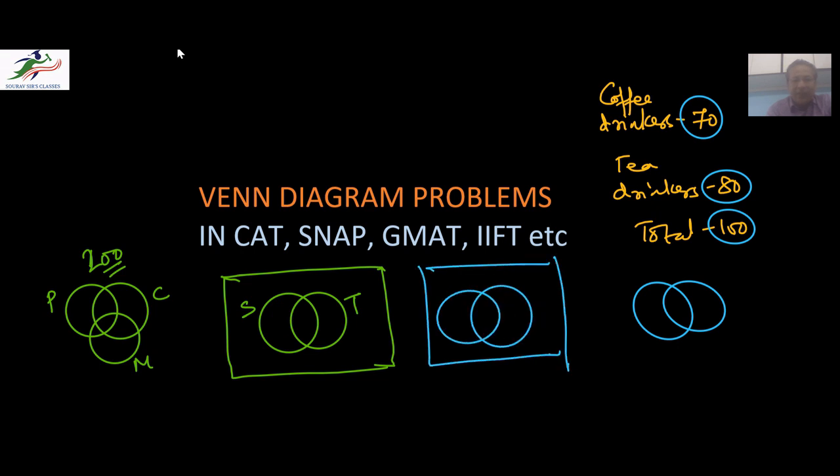So you have four different sets: city 1, city 2. These are the kind of problems which often come in these exams, which are required to be solved using Venn diagrams. Now let's take some examples.